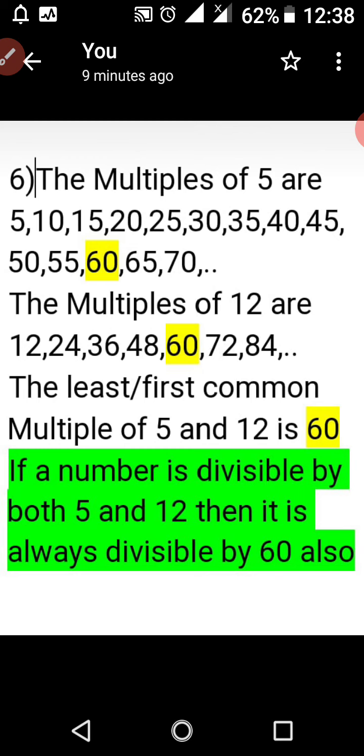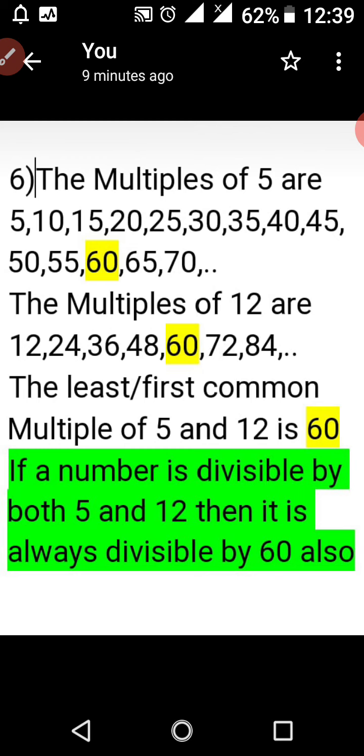If you observe both lists of multiples, the least or first common multiple of 5 and 12 is 60. Before 60 we won't get a common multiple of both 5 and 12. After 60 we may get common multiples, but 60 is the first or least common multiple of 5 and 12.